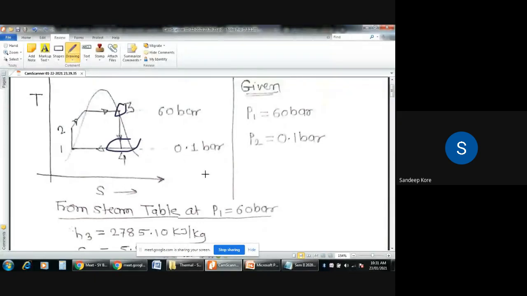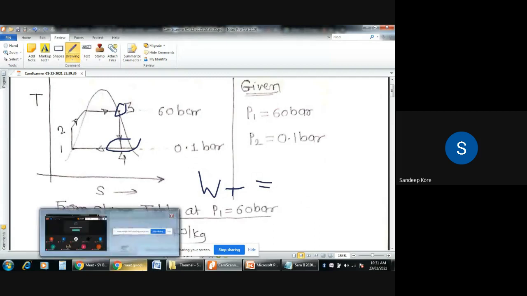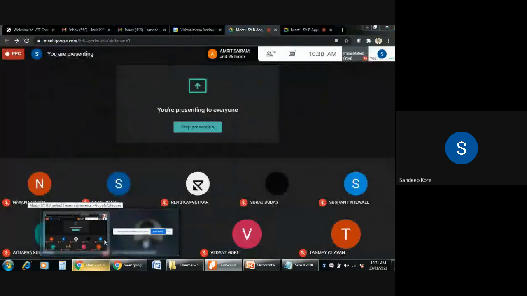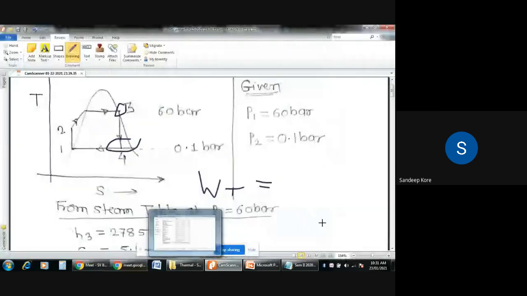WT, the change in enthalpy across the turbine. What is the change in enthalpy across the turbine? What is the enthalpy at the inlet of turbine? Or what is the point at the inlet of turbine?